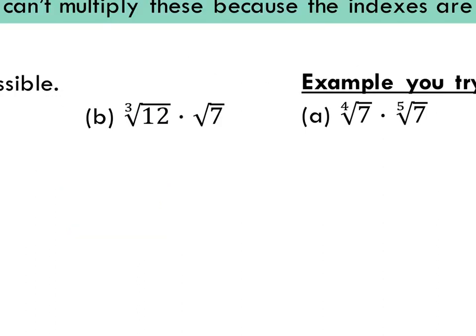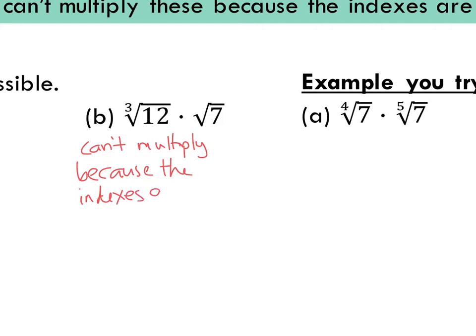Let's look at b. Notice we have the cube root of 12 times the square root of 7. Now, notice here that we don't have the same root, right? I can't multiply a cube root with the square root. So we just say can't multiply because the indexes are different.